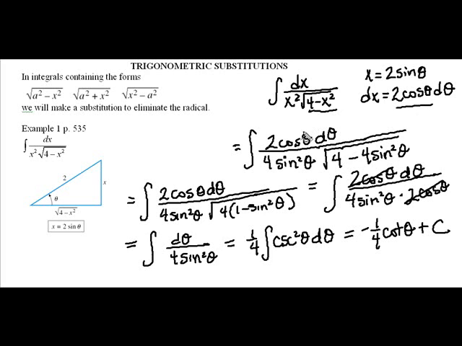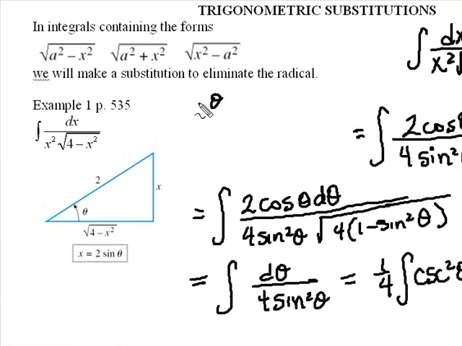Really the substitution we're using is 2 sine of theta, which we use when we have the form a squared minus x squared. In that case we're going to want to place the restriction on theta to be between negative pi over 2 and pi over 2. So here we're restricting theta to negative pi over 2 to pi over 2.